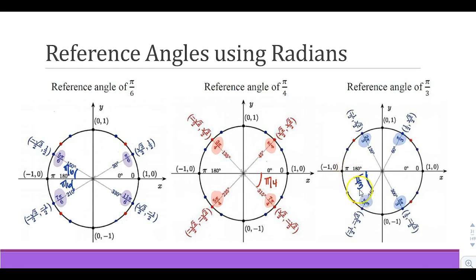I'm 1/3 of pi away from the x-axis. So hopefully I can start to see that pattern emerge here with these non-quadrantal angles, and see that I can simply think about removing the coefficient and just taking pi over 6, or in this case pi over 4 or pi over 3, as the reference angle.